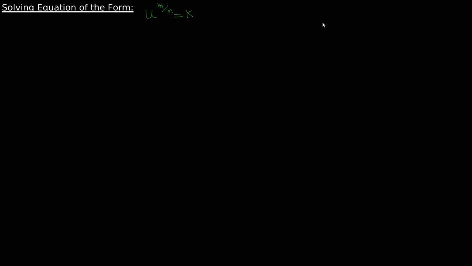We know that if I have x square equals 4, I can write x equals plus minus square root of 4. Now let me write it in a different manner, plus minus 4 power 1 over 2.